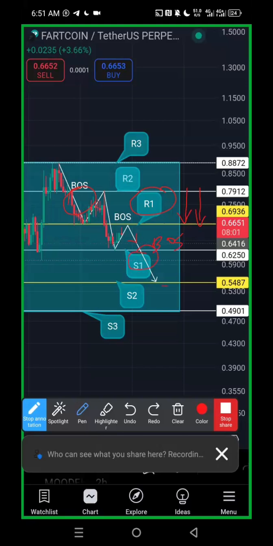And then the next support would be S2. So we shall see the price coming to this level and then again having what we call a retracement. So this will continue until a point where the price level will lose momentum and the market price will reverse, and we shall begin seeing the same pattern of movement on the upside.